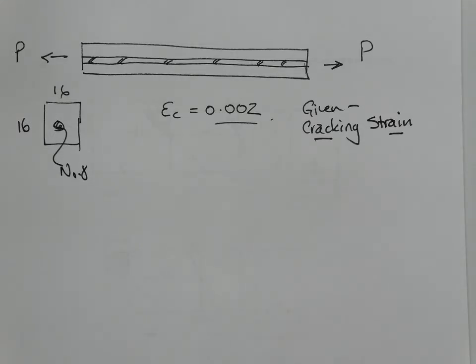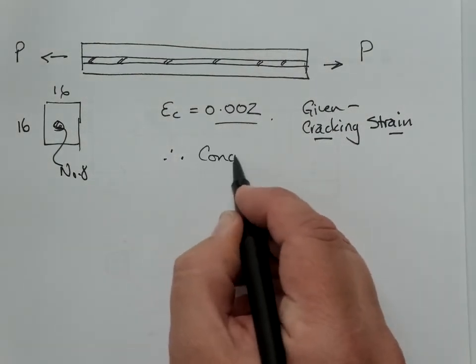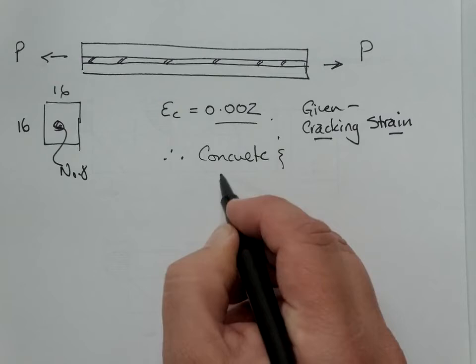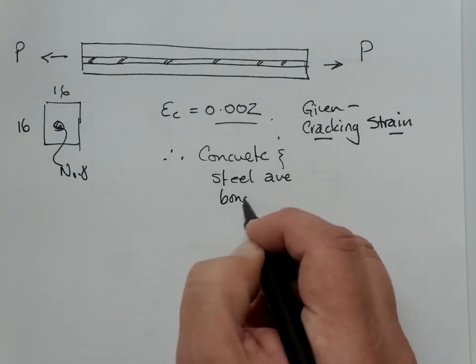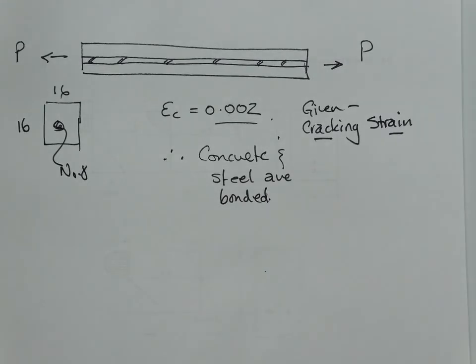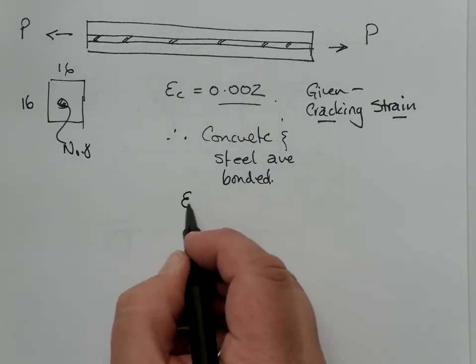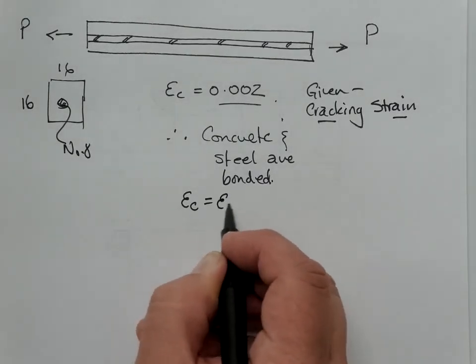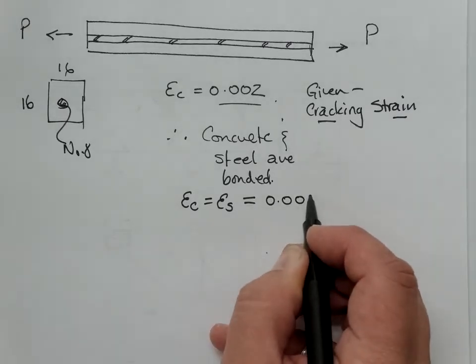So at that cracking point, since concrete and steel are bonded, and they're bonded both chemically and mechanically, although you can see it's pretty stuck on there. Green bar is not so much, but that one is, the strain in the concrete is equal to the strain in the steel, which is equal to 0.002.